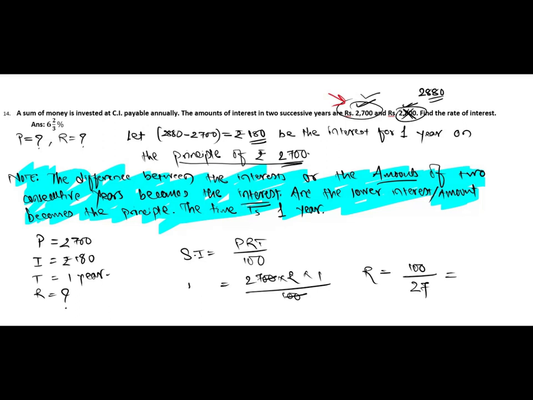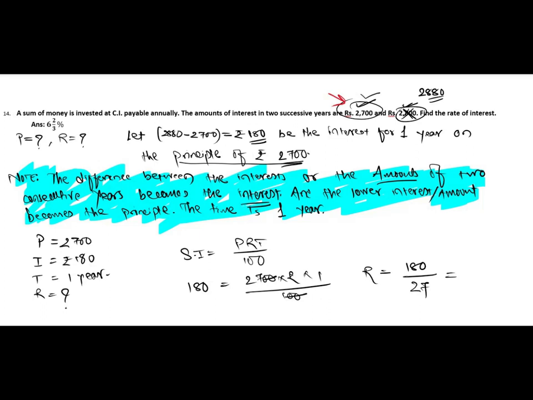This will be 180, and finally this will be 180. 180 will be the interest for 1 year on the principal 2700. Everything remains the same. Gladly we found out the silly typing error.